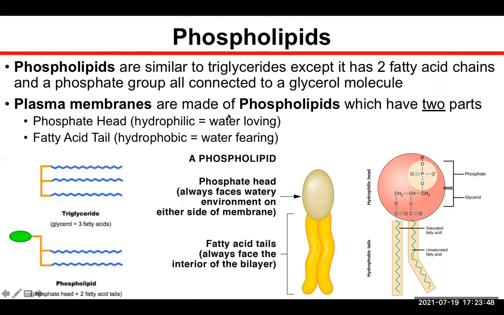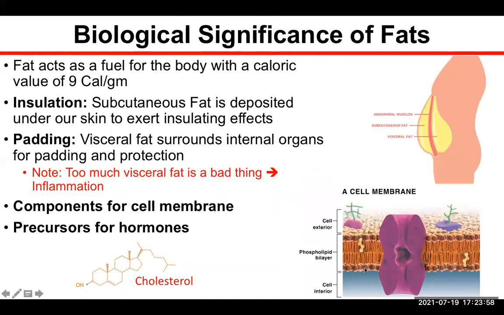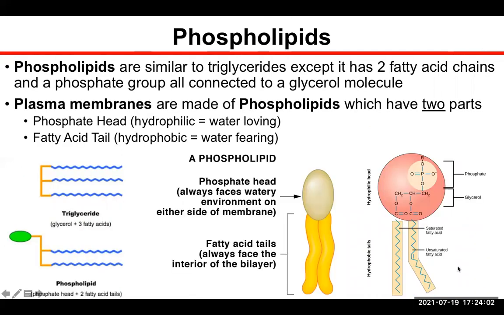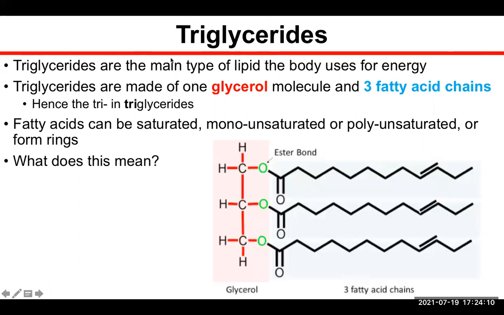And so these phospholipids are the main components of the plasma membrane as they're able to make that lipid bilayer, as you can see in this image here. And here's a nice structure highlighting the differences between phospholipids and triglycerides. I'll jump to triglycerides right here, and then we'll go back to compare those.